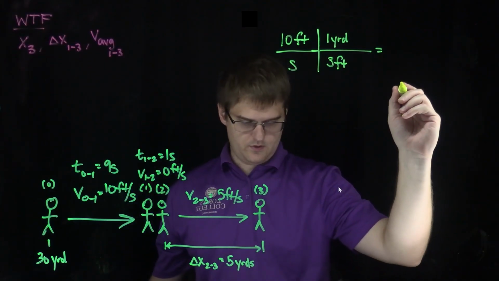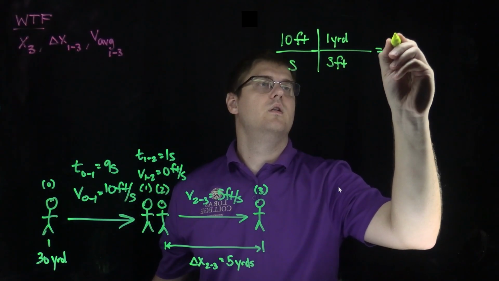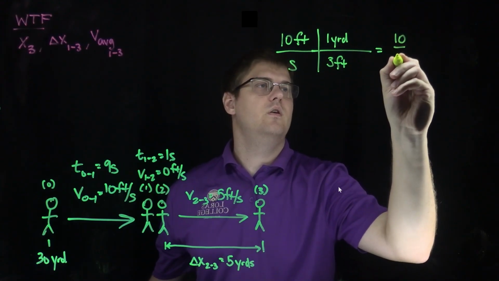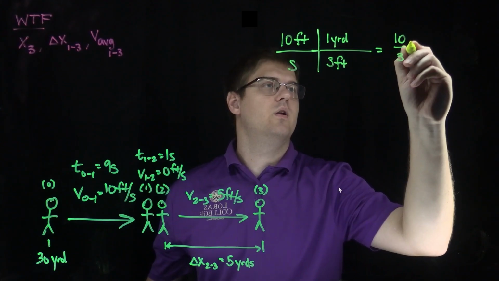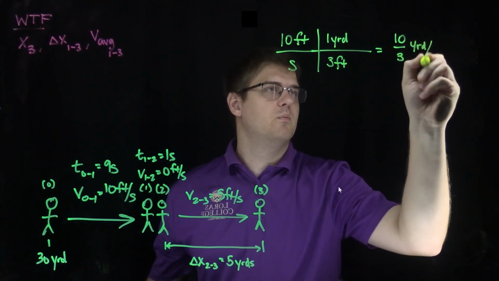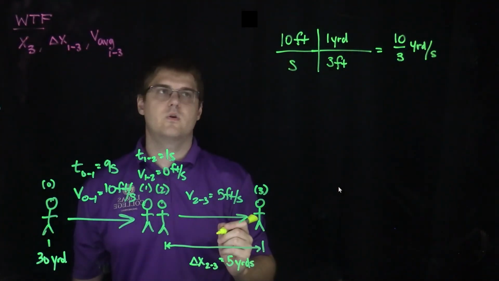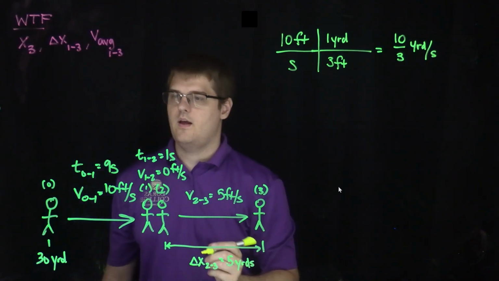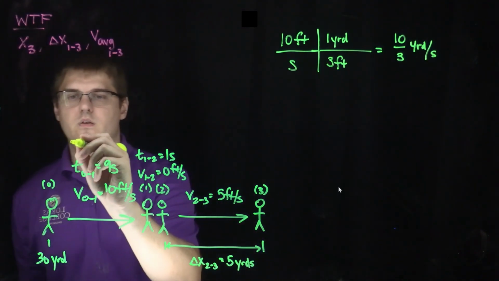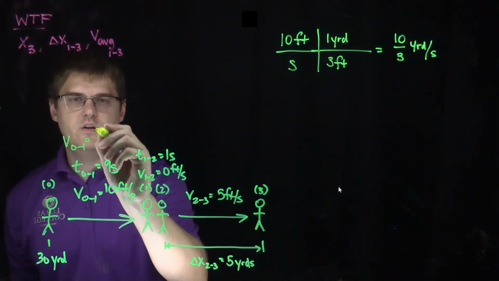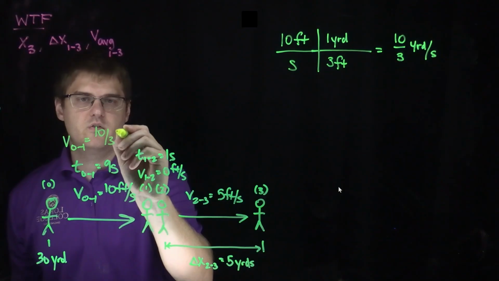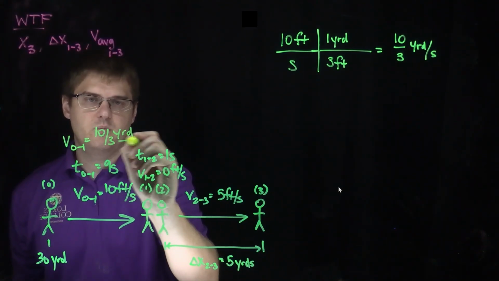Do I just leave it as 10/3? Let's leave it as 10/3, or 3 1/3 yards per second. And I will go ahead and add that into my piece here. Velocity between 0 and 1 is 10/3 yards per second.